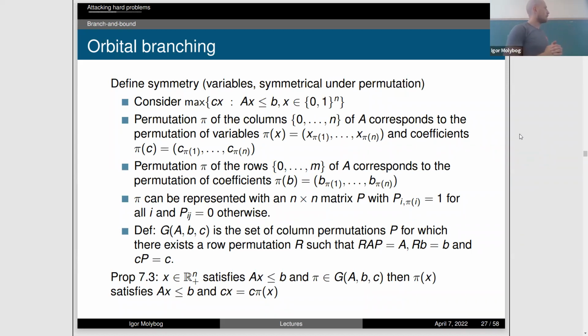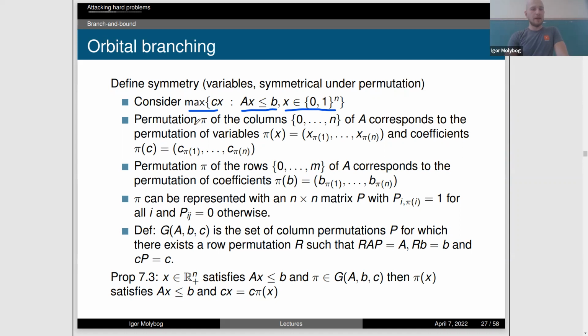To put it formally, let's consider the maximization problem. Let's say it's going to be a binary problem, but the same way we can define it for integer or mixed integer programming problems as well.